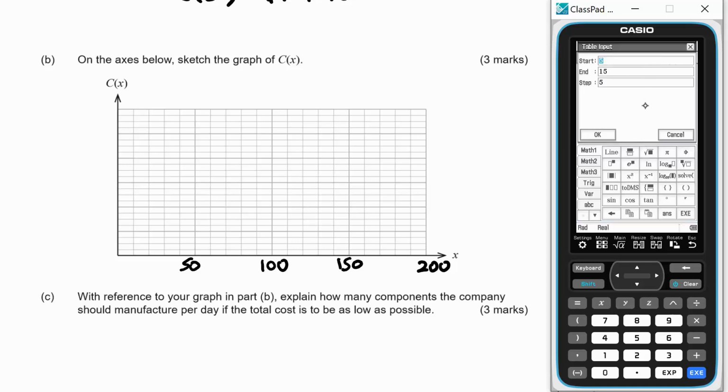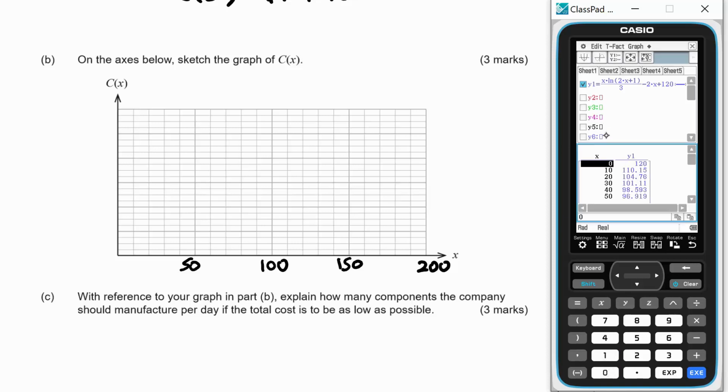And instead of producing a graph, I'm going to produce a table, and I'm going to start my table at 0, end it at 200, and I'll go in steps of 10. So we've got 0, 120. Let's find out what the highest one is.